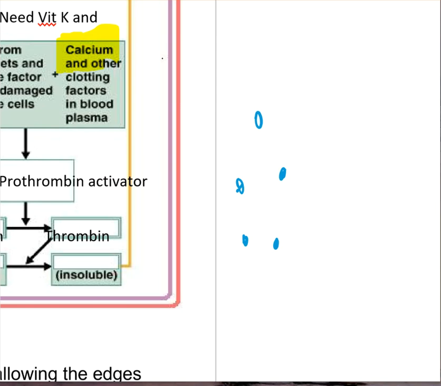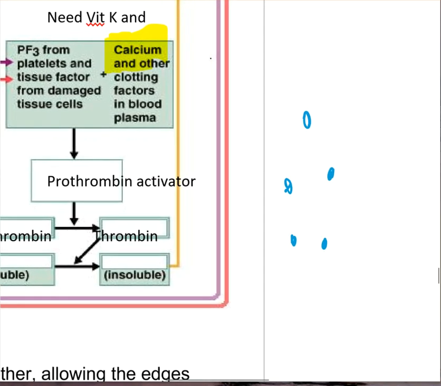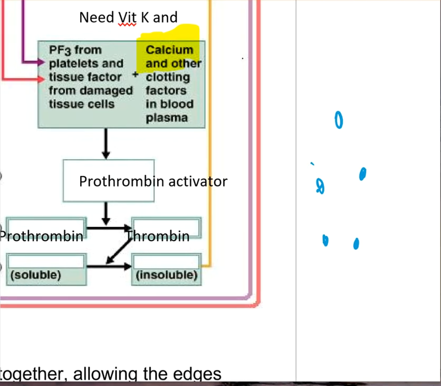But when thrombin gets involved, it takes the fibrinogen, which is the more soluble form, and turns it into fibrin, and we can get these long chains of fibers forming from the subunits. And now we have fibers.